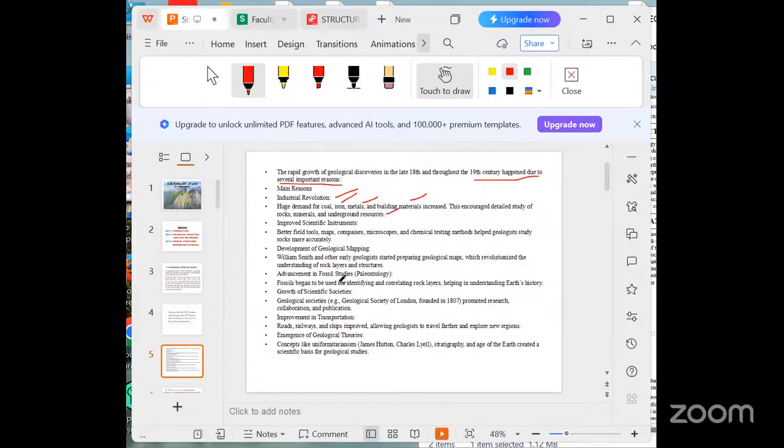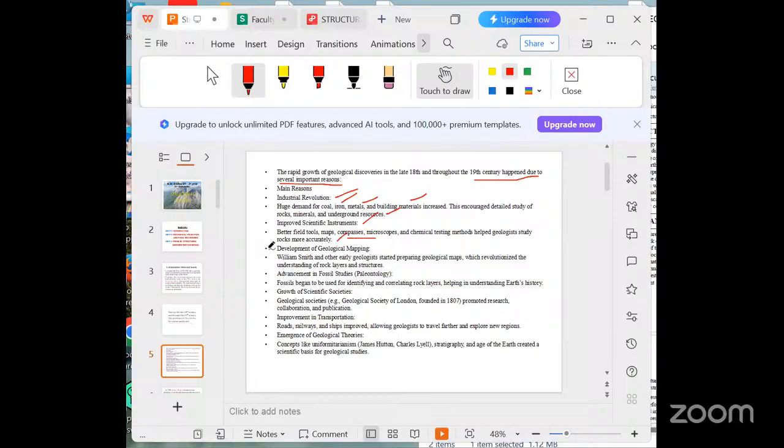This is one main reason. Also, scientific instruments improved. Better field tools, maps, compasses, microscopes, and chemical testing methods helped geologists study rocks more accurately.